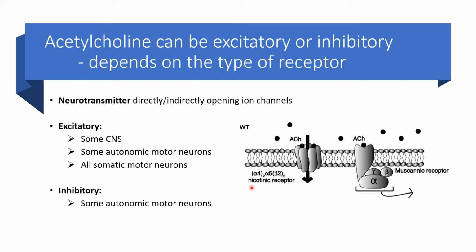Well, you're going to see that with acetylcholine, we now have a sub-classification of those. So for acetylcholine, you're going to see this word nicotinic receptor. This nicotinic receptor is always going to be excitatory. And for acetylcholine, for the G protein one, we call that a muscarinic receptor. And this is the one that's going to be excitatory or inhibitory. And we're going to look at this in a little bit more detail.